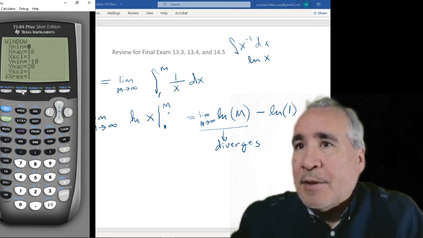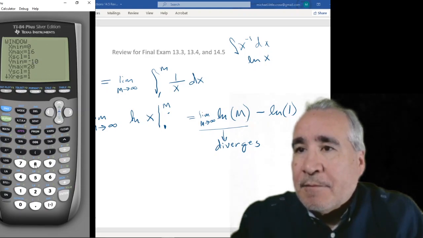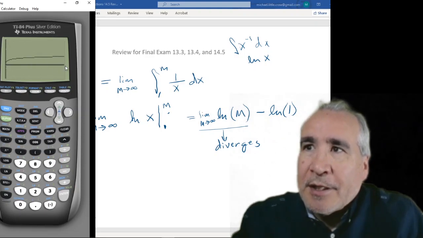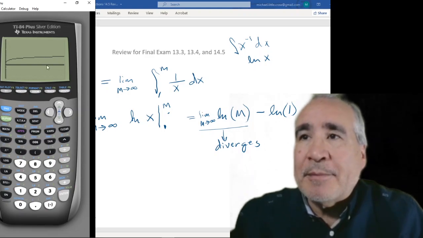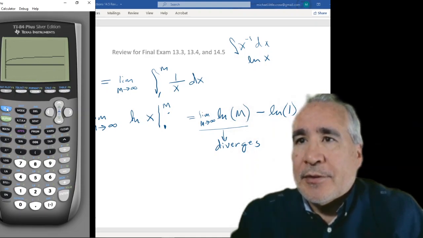And again, what you want to do is make your window. See, we're only going out to 16. Let's go out to 1,000 in the x direction, and you'll start to see it keeps going up. It does. It goes up slowly. This is out at 1,000. It's not too high, but it's going up. It's going to continue to add significant amounts.